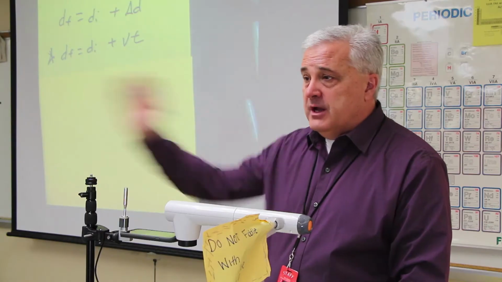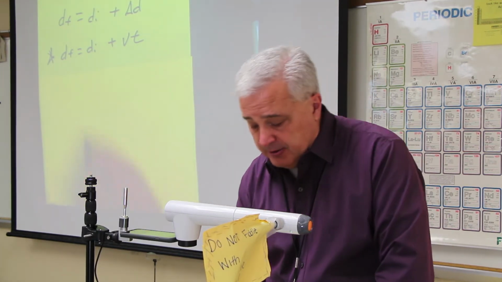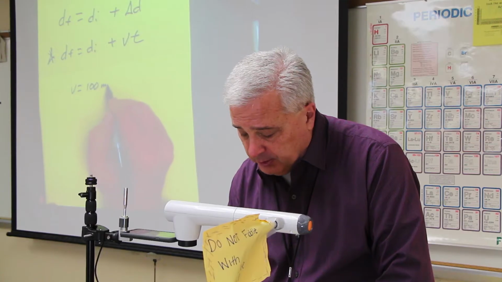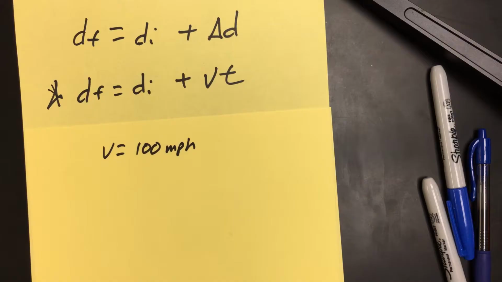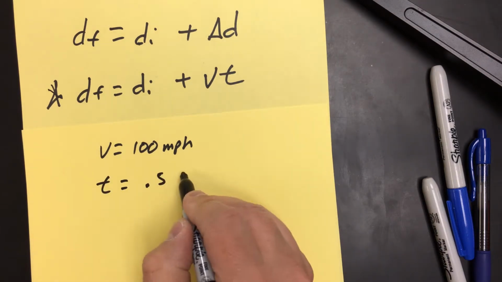So we'll do another problem, and this is probably more typical. A race car crosses the starting line at 100 miles per hour, so V equals 100 miles per hour. And how far is it after a half an hour? So T equals 0.5 hours.